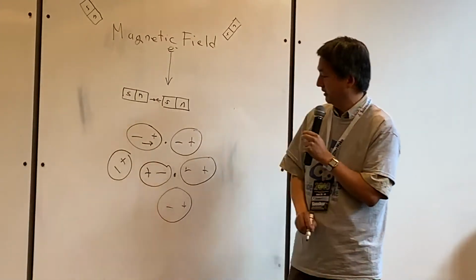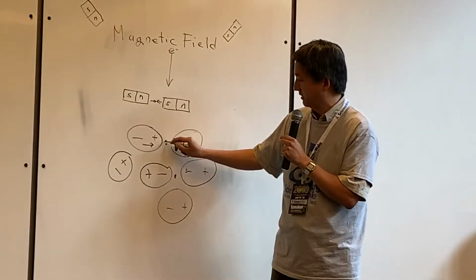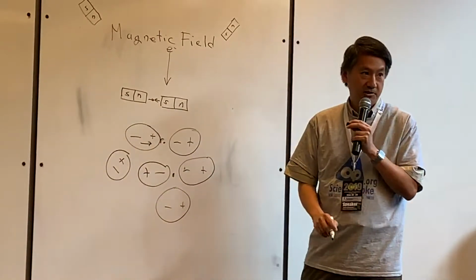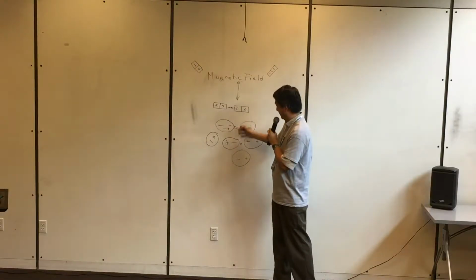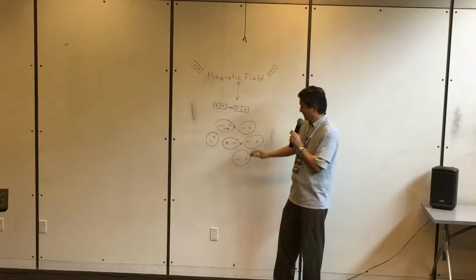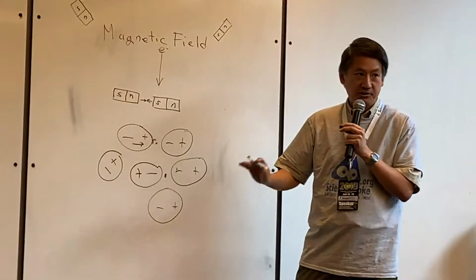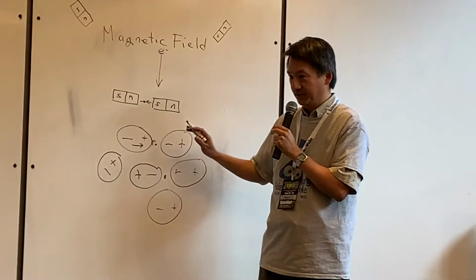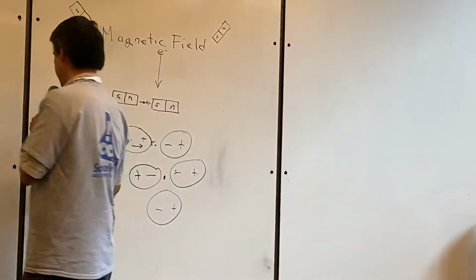When I stick it right here, then it's between a positive and negative, so it might be a little more attracted to the positive. As soon as it gets close enough to it, it's going to stop, so it's not really going to experience any force. It just doesn't seem to matter where you stick charges in this dipole array. Generally speaking, if it's not moving, it's not going to really experience any forces, okay?